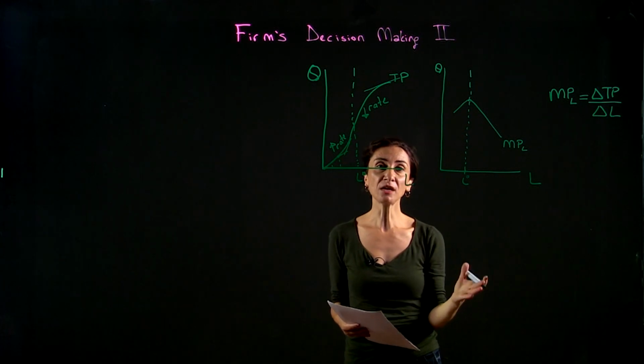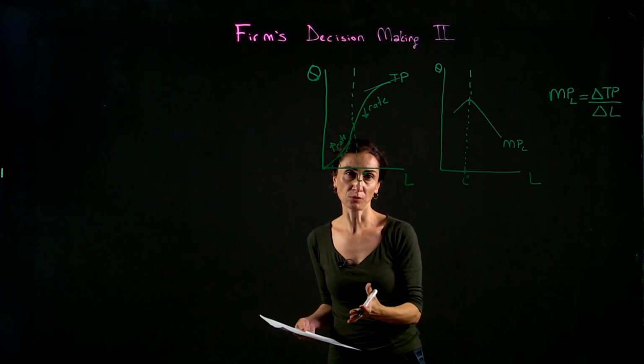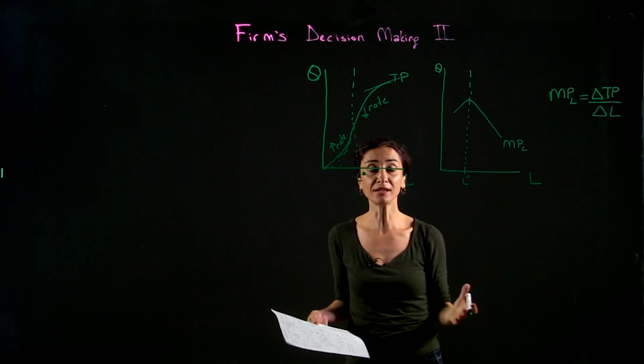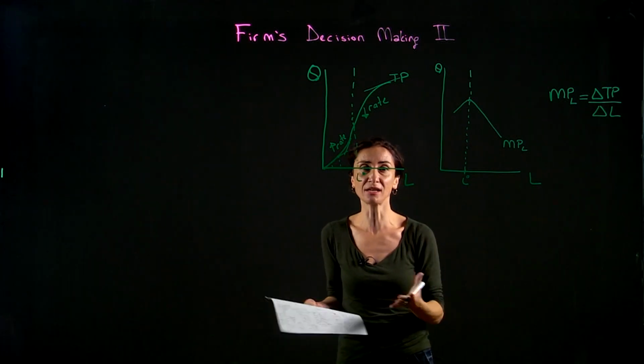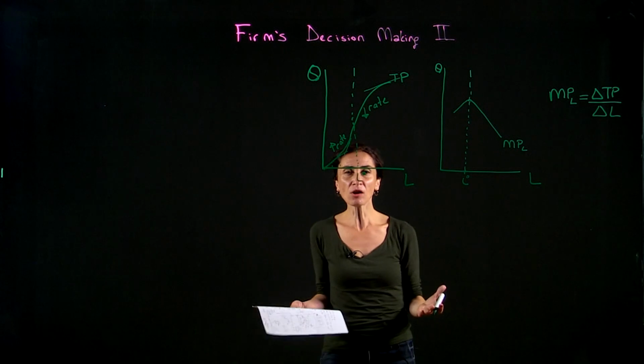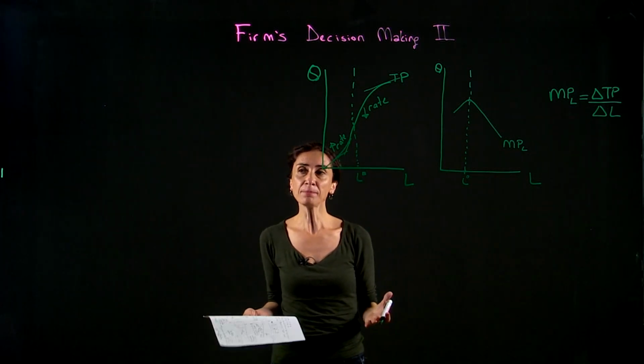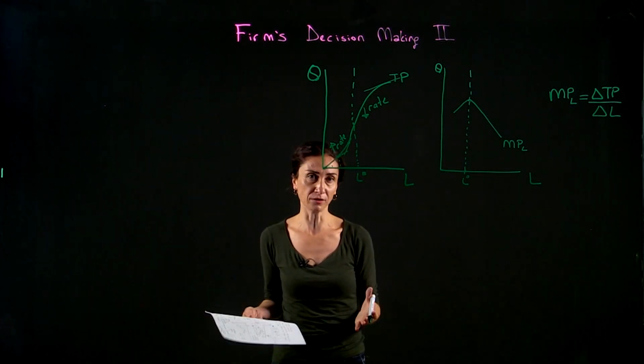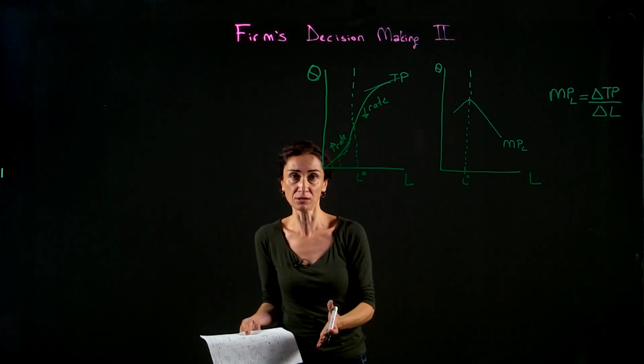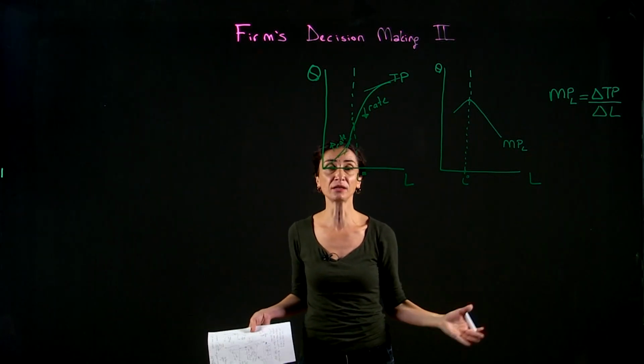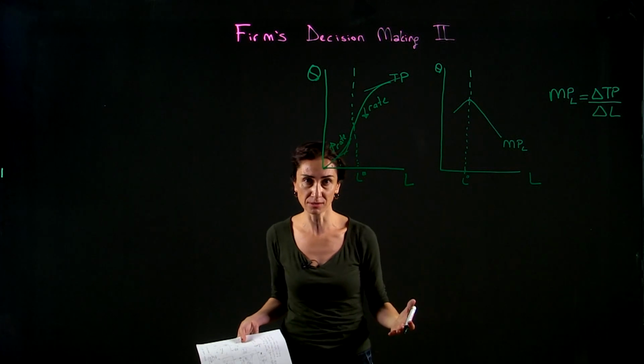Why? Because we have one fixed input. Because there is a fixed input and two inputs, in this case capital and labor, they are complementary. I'm keeping the number of ovens constant and I'm employing more and more workers.